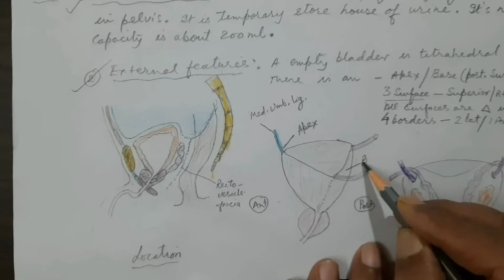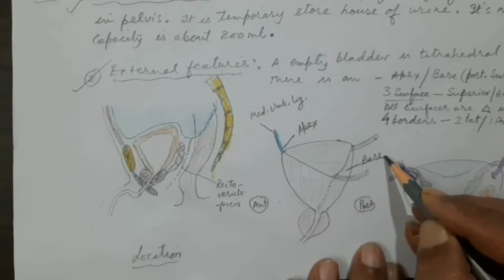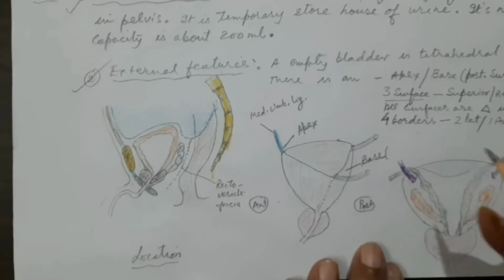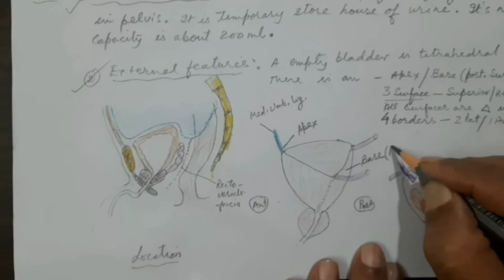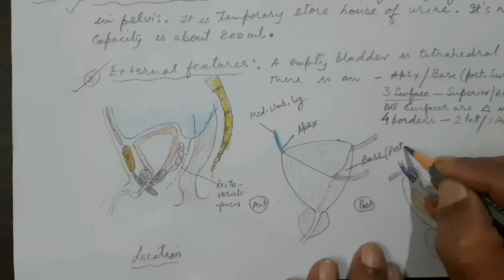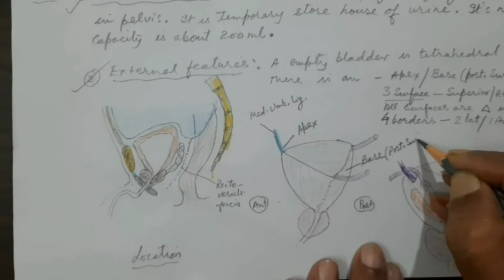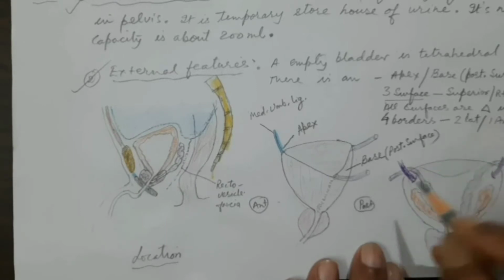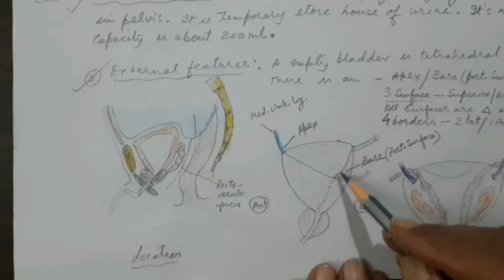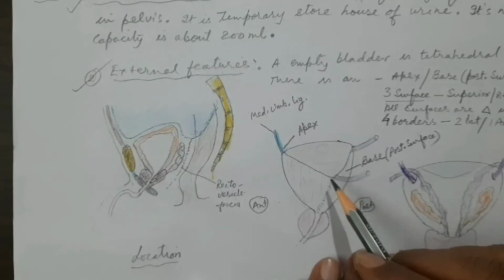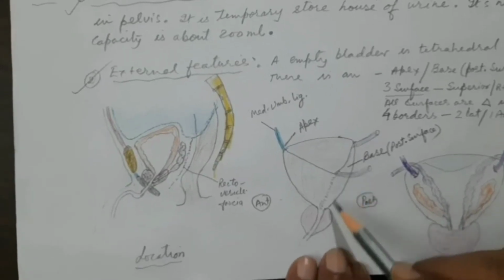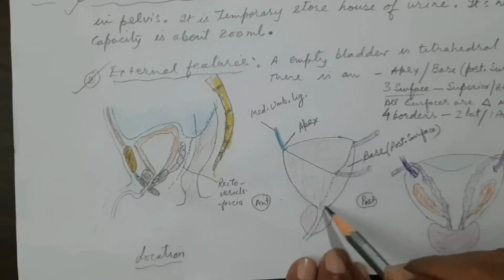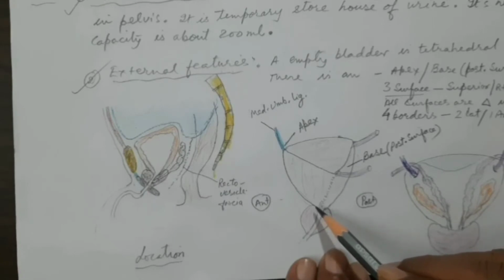This surface, which is also triangular, is called the base, and sometimes you call it the posterior surface. Then there is a neck, inferiorly.